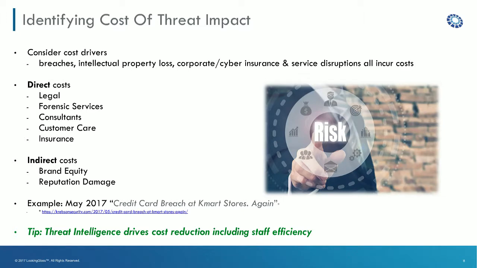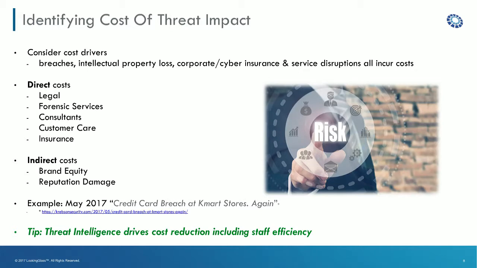Now, if a breach or a threat actually occurs in your environment, the cost is potentially significant. There are many well-known examples of costs, both in terms of direct costs as well as indirect costs.